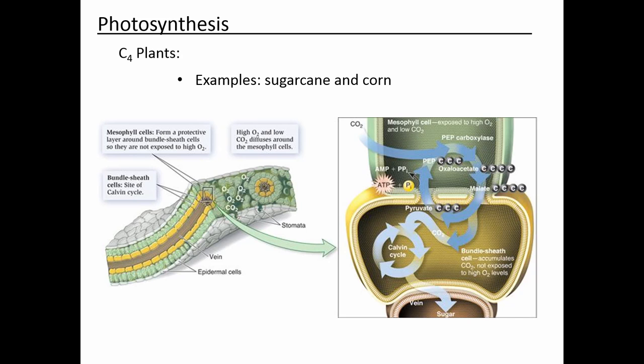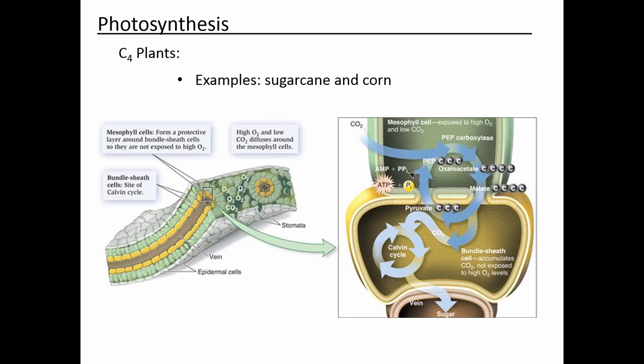What we're going to see is that in C4 plants, initial carbon fixation does not happen in the first step of the Calvin cycle. These plants separate that initial carbon fixation from the Calvin cycle, and they separate it into two different cell types.